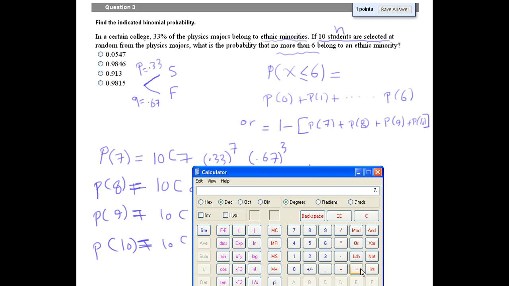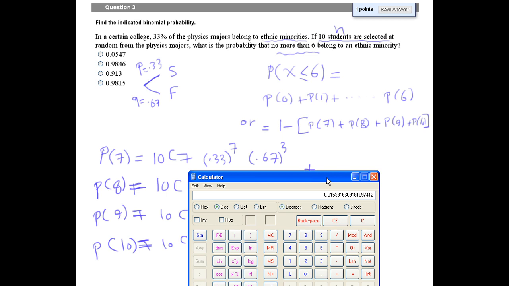Power 7. Then we multiply by 0.67 to the power of 3. Now this will be equal to the first value, 0.01538. So that would be the first value.